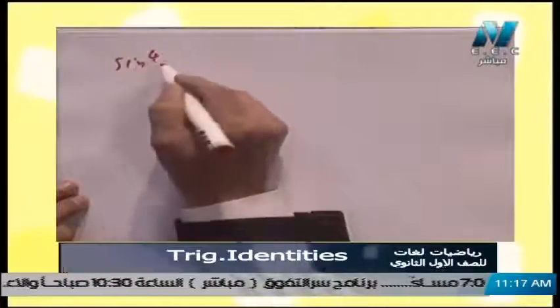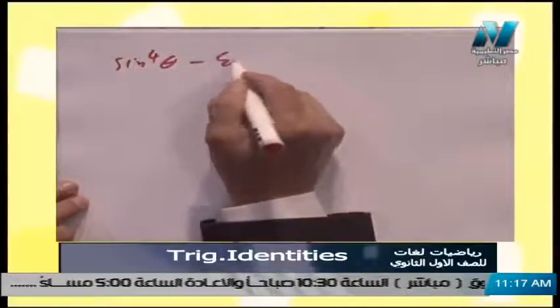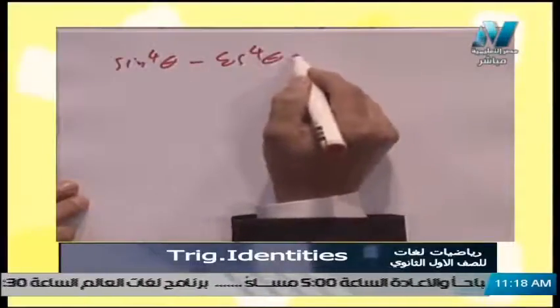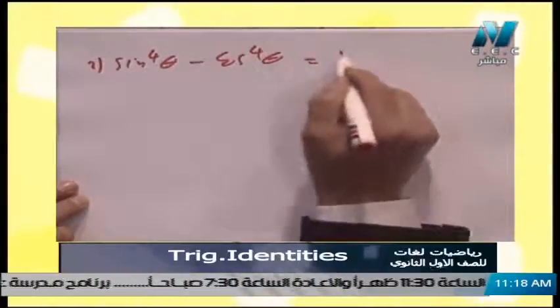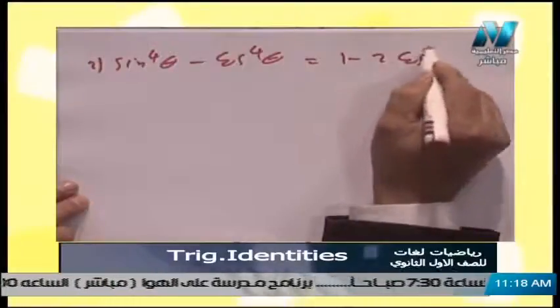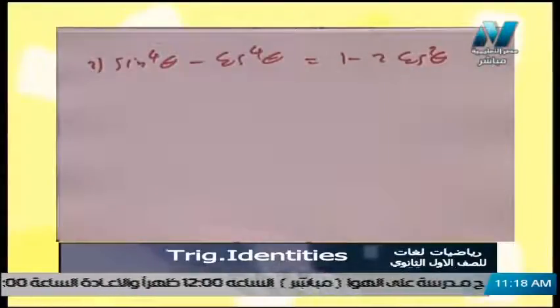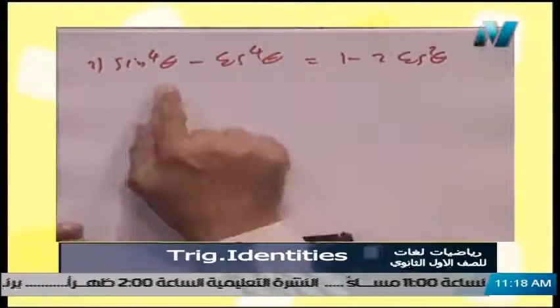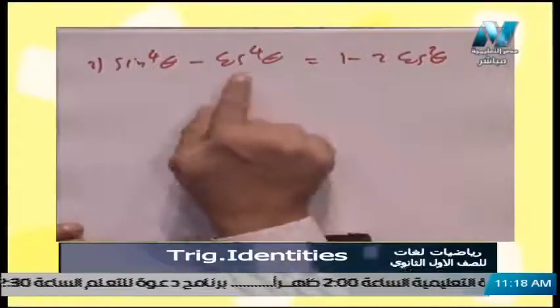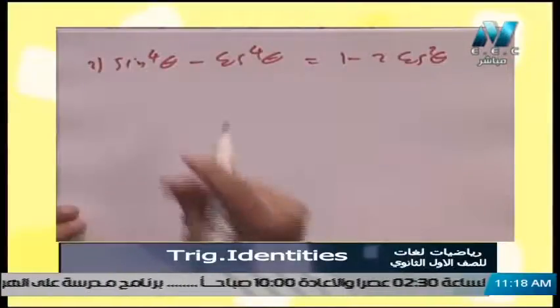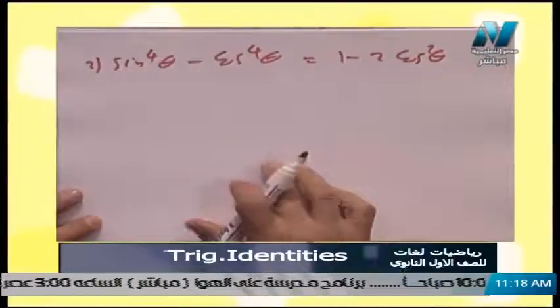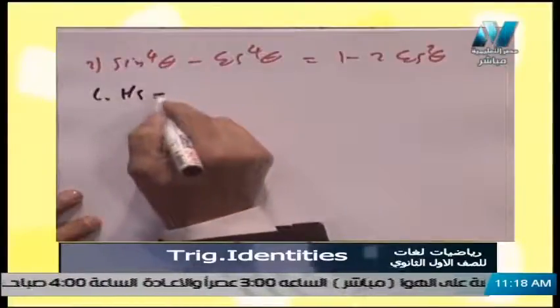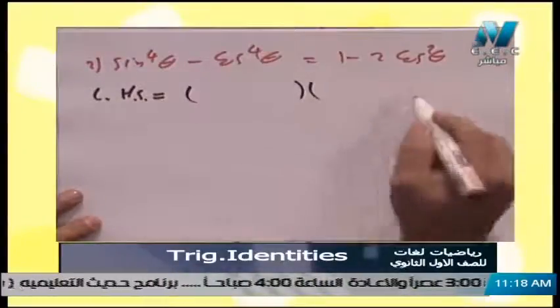Sine power 4 theta minus cosine power 4 theta. We must prove that this part equals 1 minus 2 cosine power 2 theta. Look carefully at this expression, my dear students. You will find that we have a difference of two squares. From the previous studying in second prep, we have studied that if we have an expression like this on the left hand side here, you can factorize it.